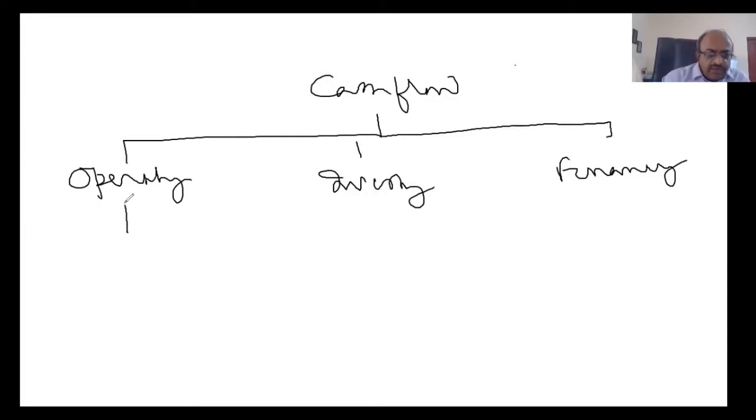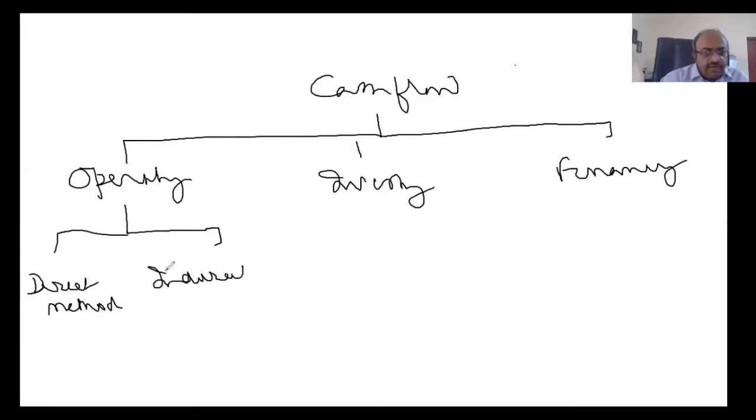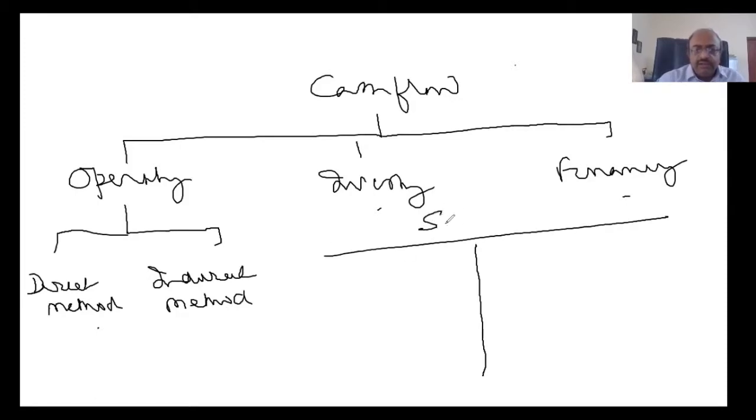Mind you, the segregation is only here: direct method, indirect method. As far as investing and financing are concerned, there is no change whether you do the direct or indirect method, so you don't have to look at it at all. Only in the case of operating do you have to do it two different ways. Now, in a simple example which we have already discussed once, when we discussed branch, I'm going to explain what is indirect method and what is direct method.